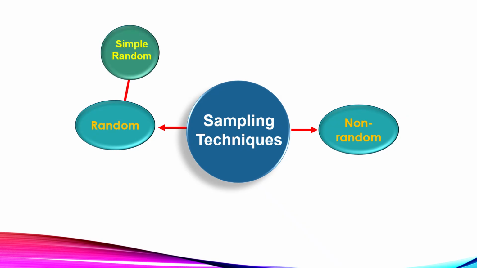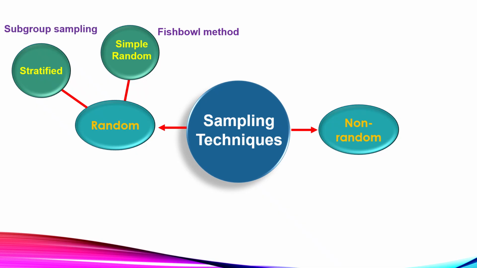So we have first simple random, or we call it fishbowl method, because every participant has an equal chance to be selected. It's called fishbowl because we're going to use a fishbowl and put the names on there and then draw lots. So that's simple random sampling. We also have stratified sampling. It's using subgroup sampling. That means you are dividing the groups into different subgroups and then collect data proportionally.